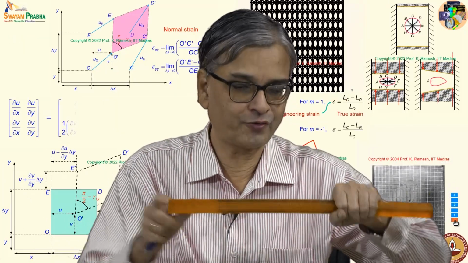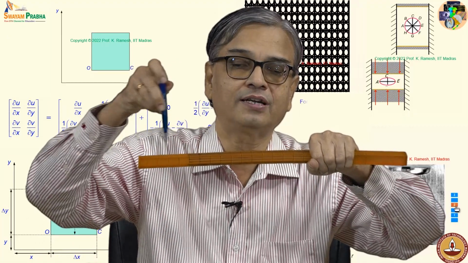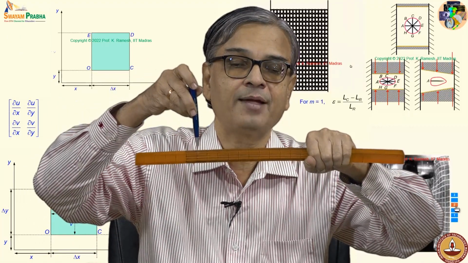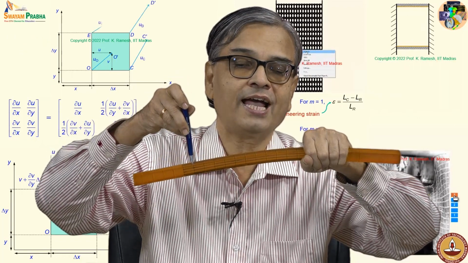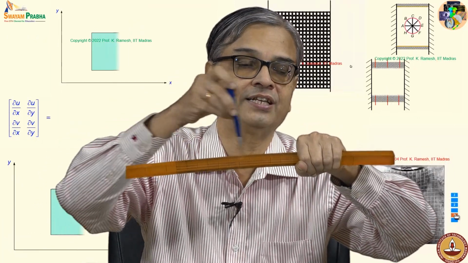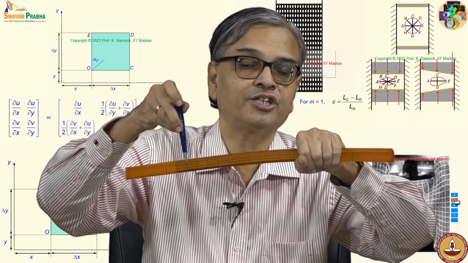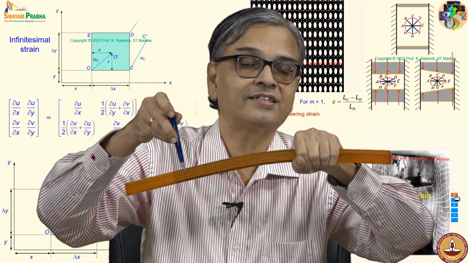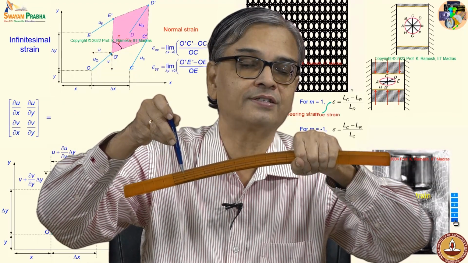If I take a cantilever like this, let me see how many of you can see it. This is a very soft material, so it sags even with the applied load. This is the free end. I put a load somewhere in between. So, what happens to the region from the front to this? It resists the applied load by bending moment and shear force.